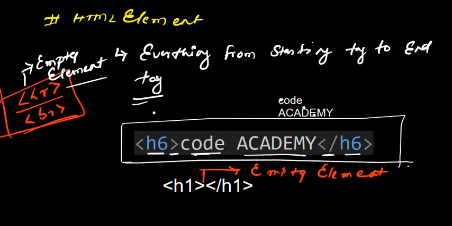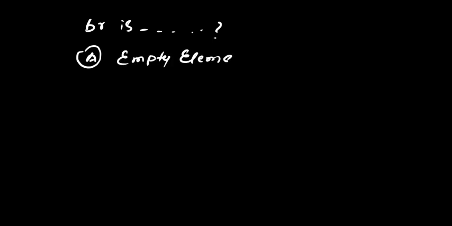If in the interview or examination they give you some tags like that and ask which type this tag is, as an MCQ, the BR tag is like that. Option A is empty element, B is not an element.